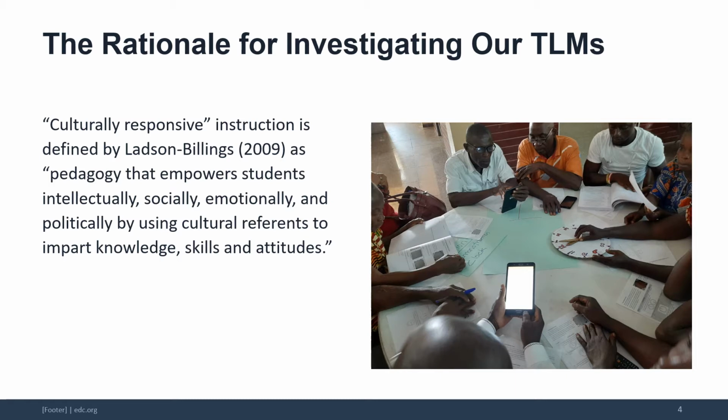Culturally responsive instruction is defined by Ladson-Billings, 2009, as pedagogy that empowers students intellectually, socially, emotionally, and politically by using cultural reference to impact knowledge and skills.